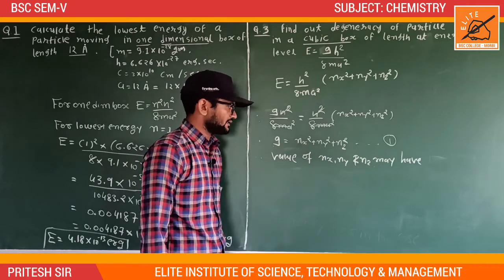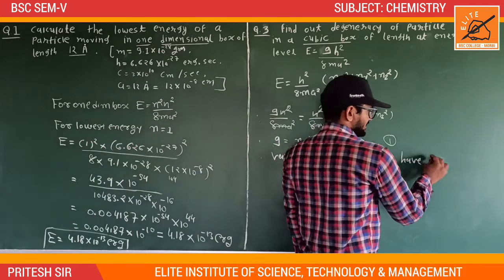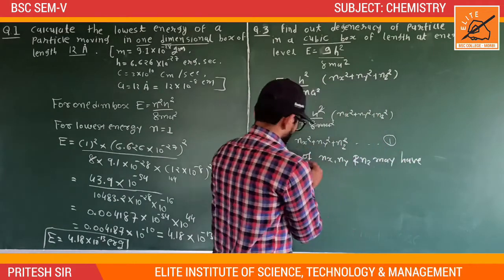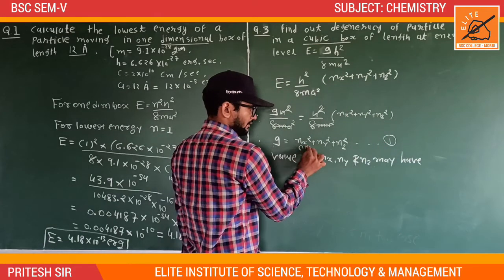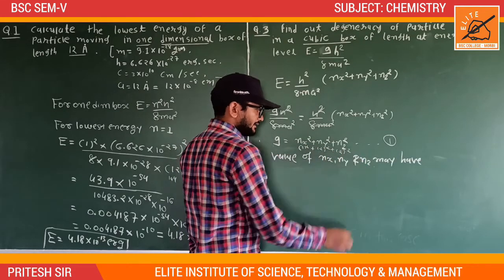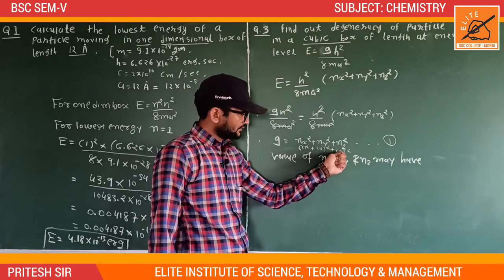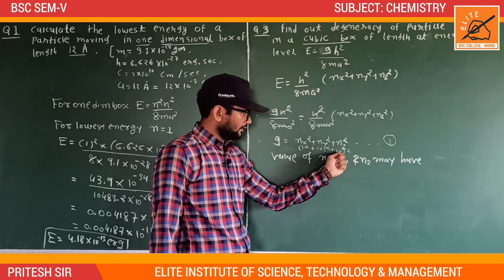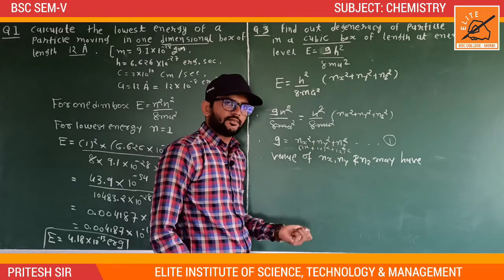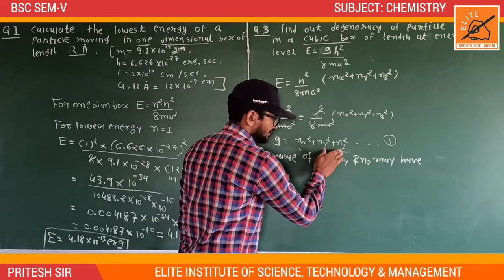It is also not acceptable. If I put 1, 2, 2, it means 1² plus 2² plus 2². Here 1² is 1, 2² is 4, 2² is 4. So 4 plus 4 plus 1 is equal to 9.